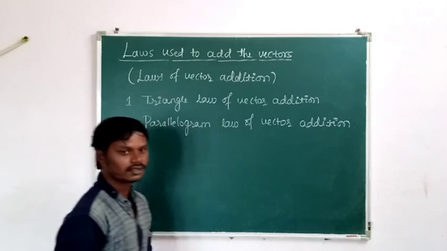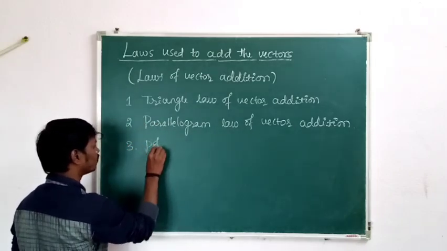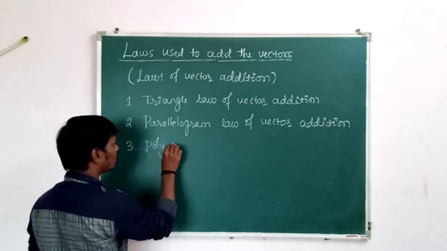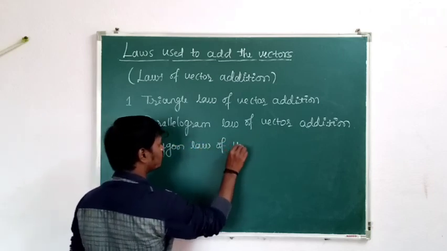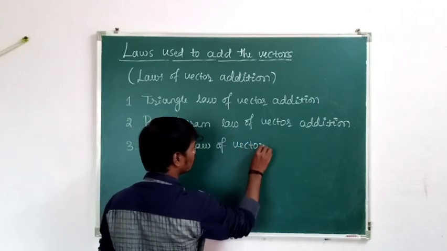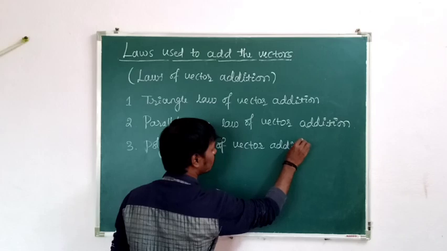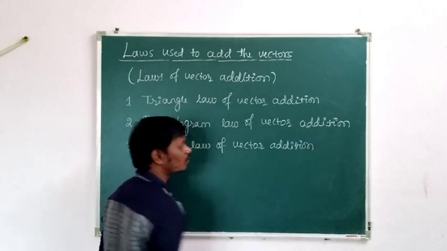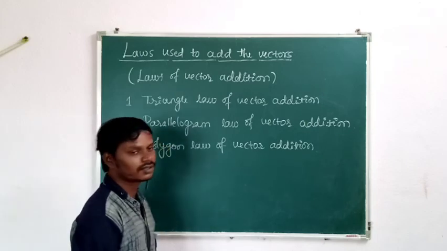Then the third one is the polygon law of vector addition. But for your syllabus, there are only two laws of vector addition. What are those? The triangle law of vector addition and the parallelogram law of vector addition.